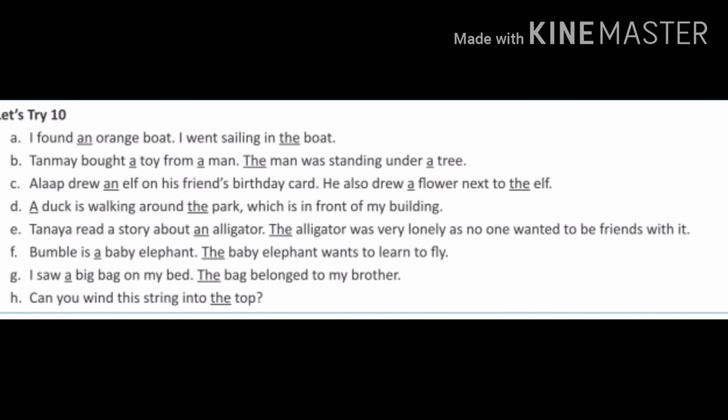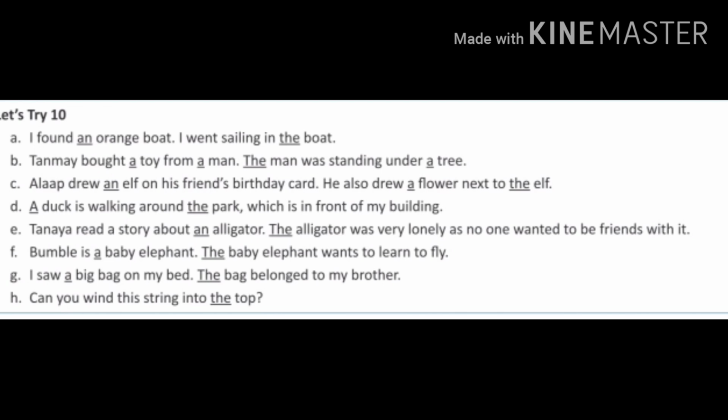Next, Tanya read a story about an alligator. The alligator was very lonely as no one wanted to be friends with it. We use an before alligator and the before alligator because alligator is the same noun again.